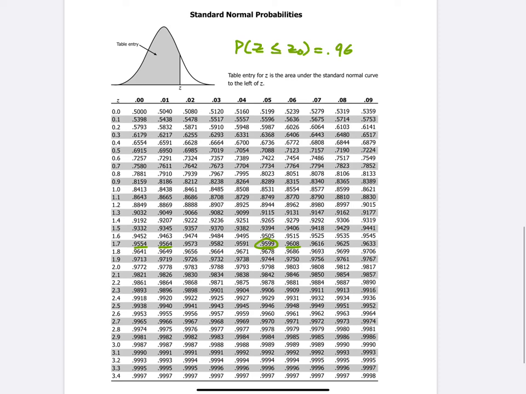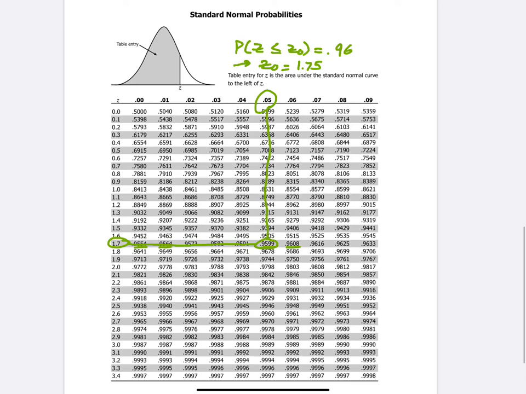In order to find the z value, you want to trace it horizontally to get 1.7, and you want to trace it vertically to get 0.05. And so the z0 that we're interested in is going to be equal to 1.75.